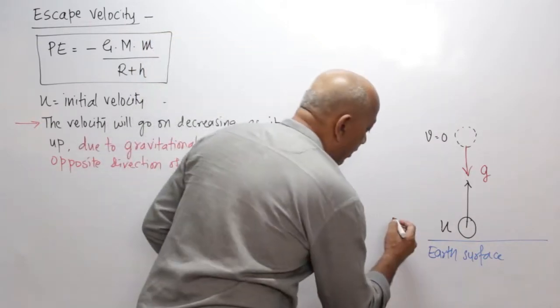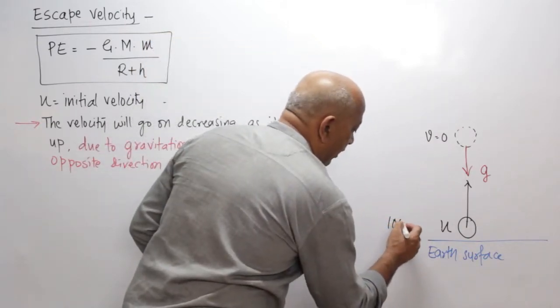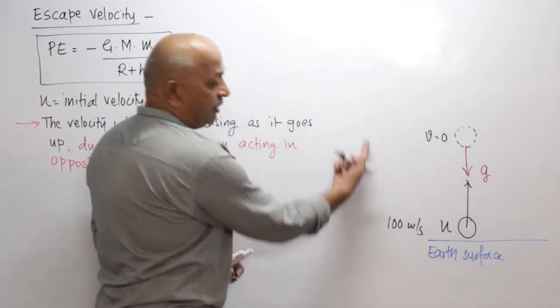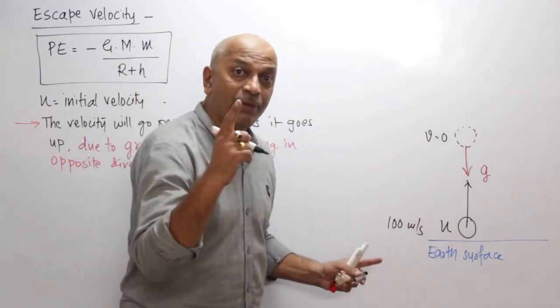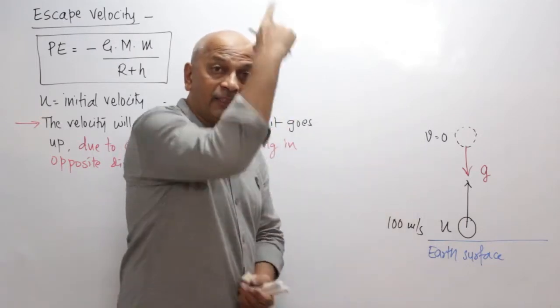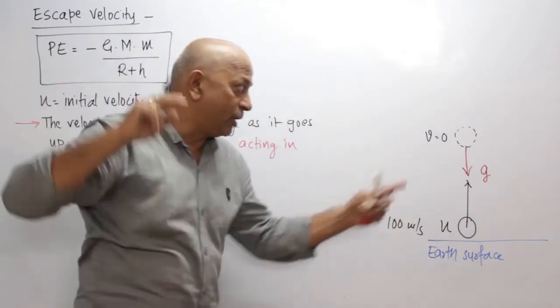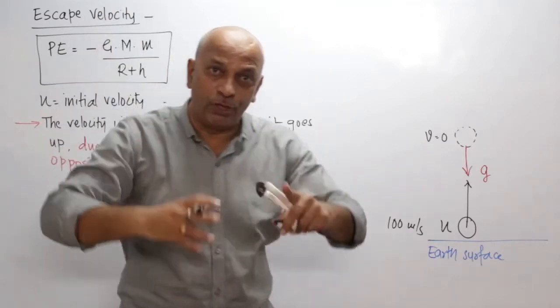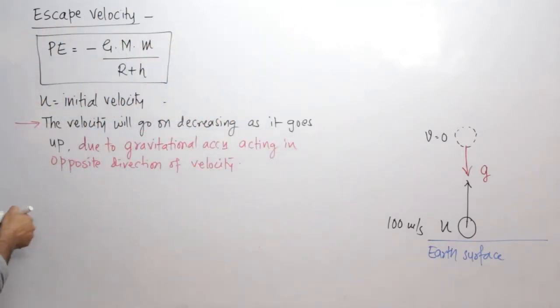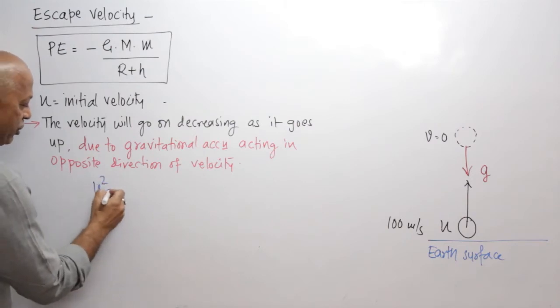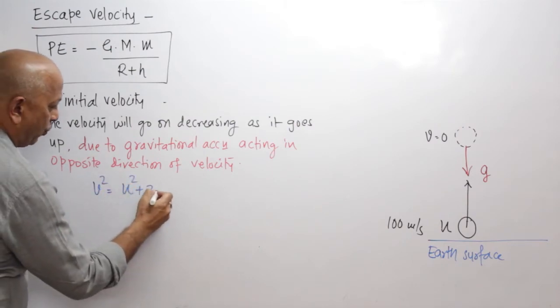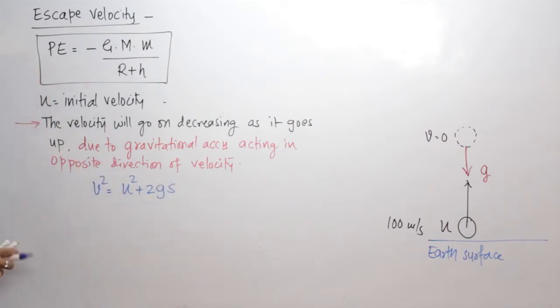For example, let us say 100 meters per second. As the object goes up, its velocity keeps decreasing, and at a certain level velocity will become 0 and the object will fall down. And this is given by the kinematic equation v square is equal to u square plus twice gs, right?